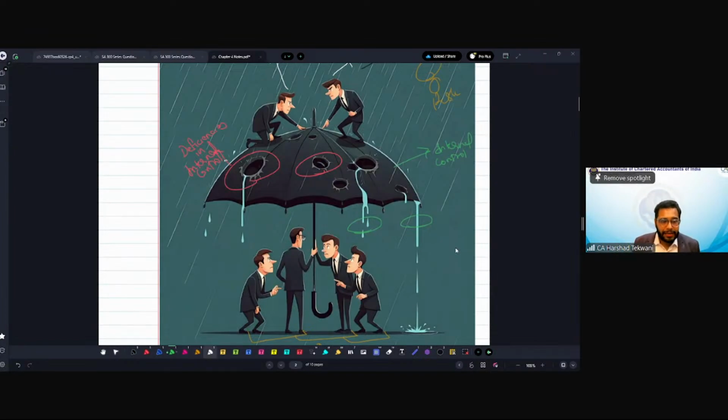Once that is understood, this is the area which is tested by the auditor, or when I say external auditor, the area which is tested by the external auditor.